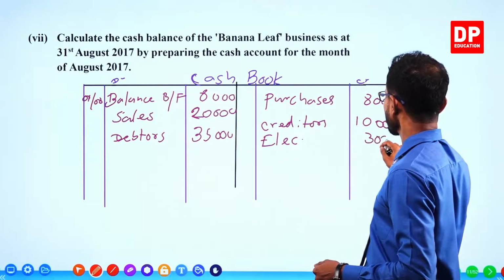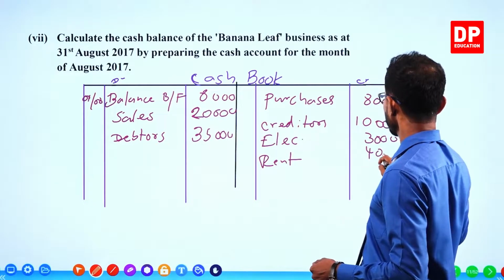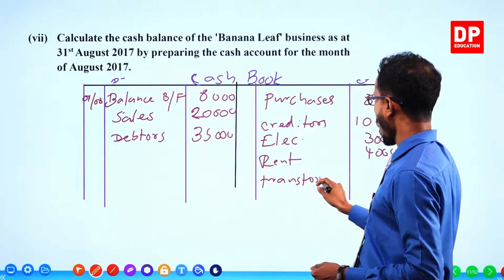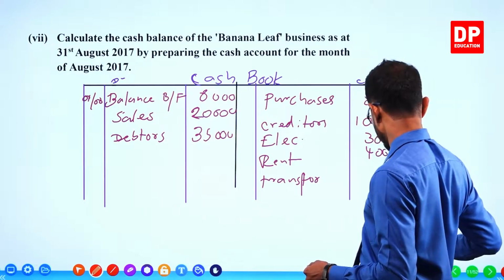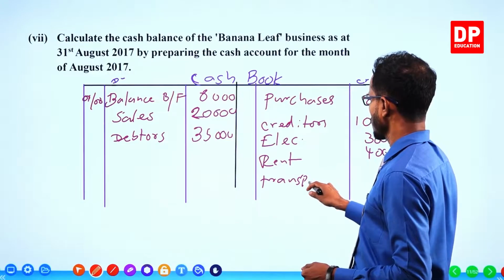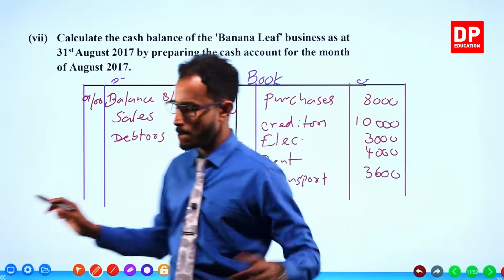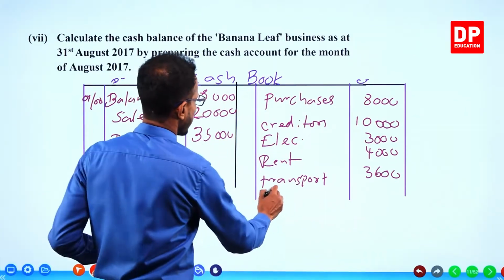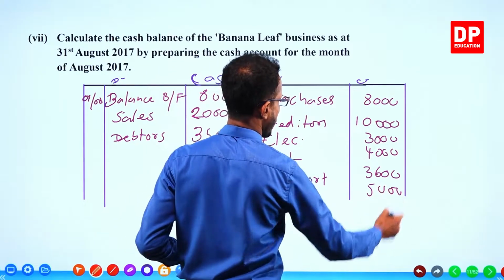Electricity 3, rent 4, transport 3,600. Can you see? Salaries 5,000. Done.